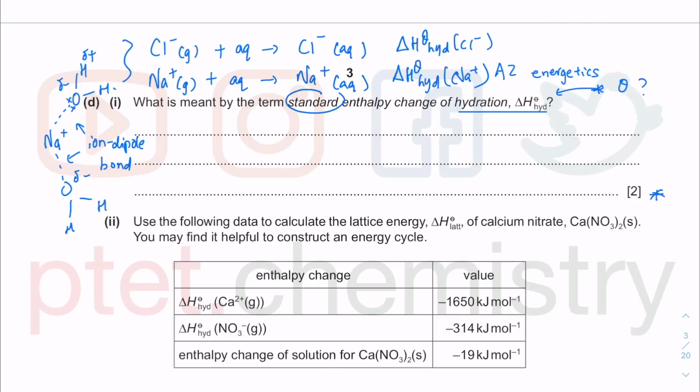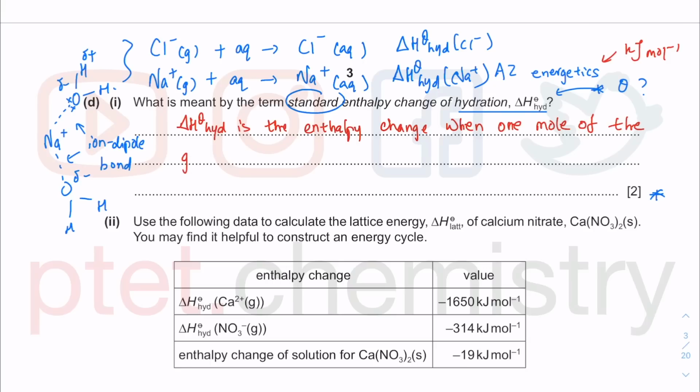So what is meant by this definition then? Delta H hydration is the enthalpy change when 1 mole of gaseous ion, it has to be 1 mole because it's in kilojoule per mole. Per mole of what? Per mole of the gaseous ions. I don't say cations or anions because it applies for both.